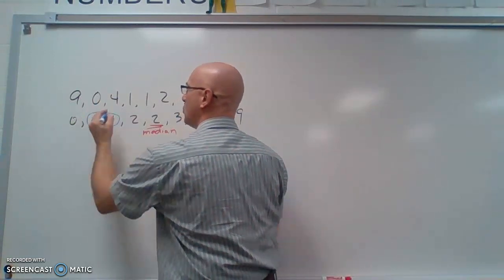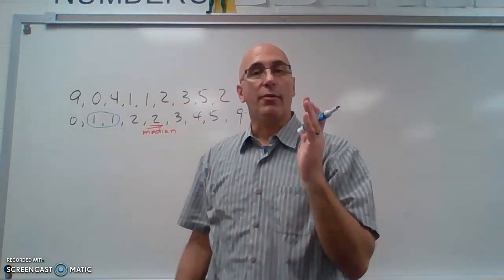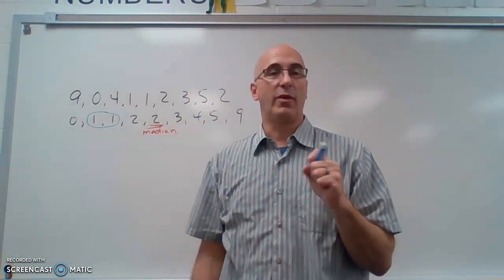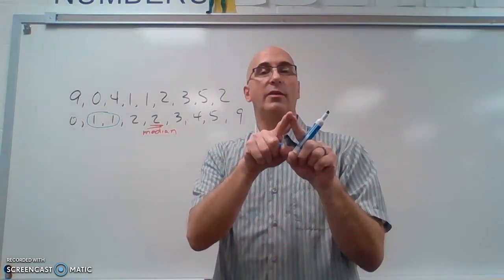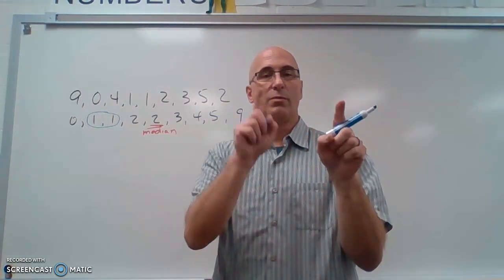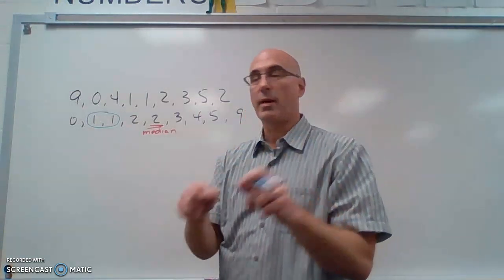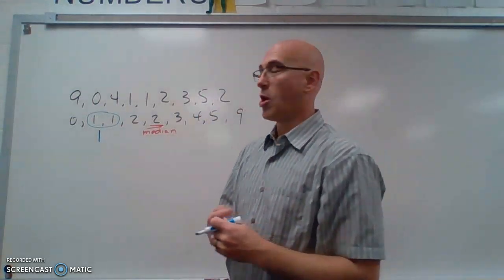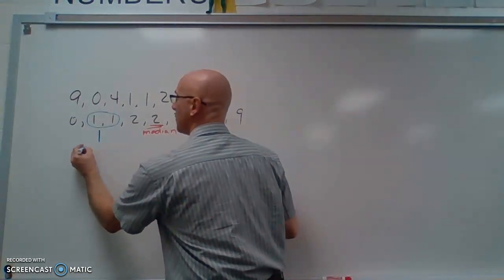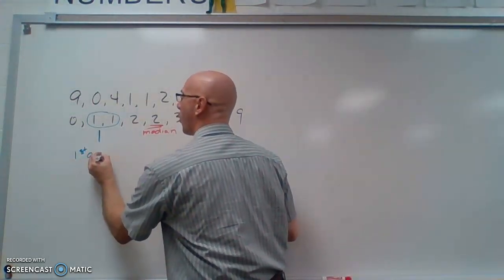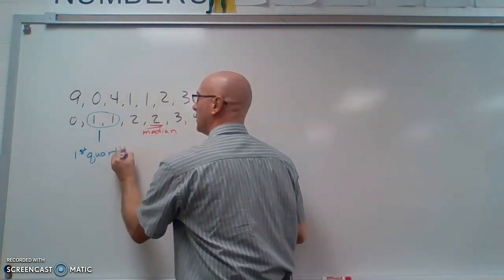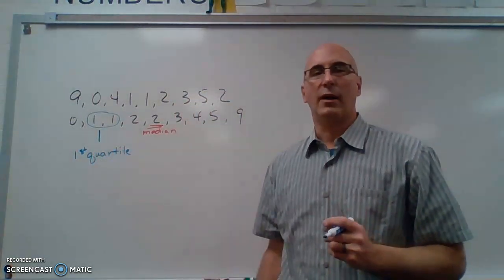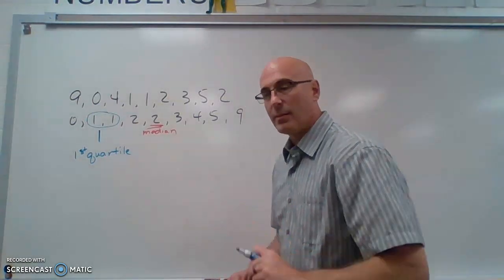Here we have two numbers in the middle. And remember what happens to find the median when this happens? We add them together and divide by 2. 1 plus 1 is 2, divided by 2 is 1. What this is called is the first quartile. I'll explain that in a minute.